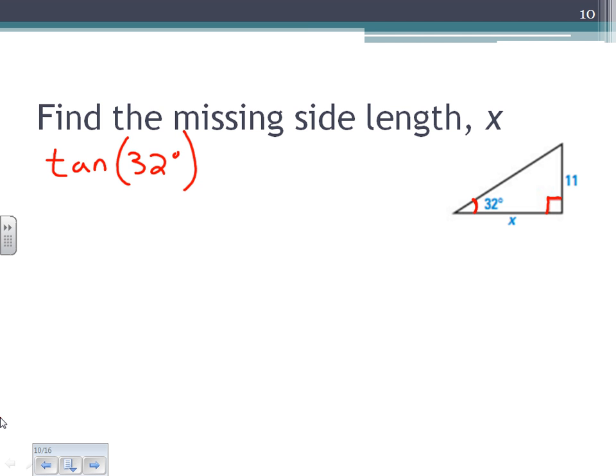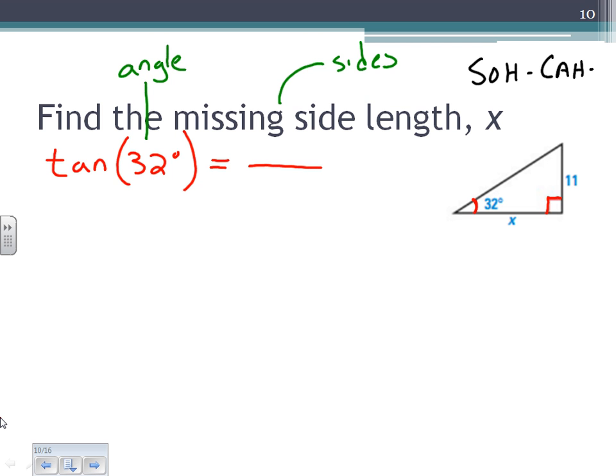Remember, whatever goes in the parentheses is always going to be an angle, and whatever goes on the other half of your trig function is always going to be sides. Because we're using the tangent, and we have SOHCAHTOA, the two sides I care about are which two?